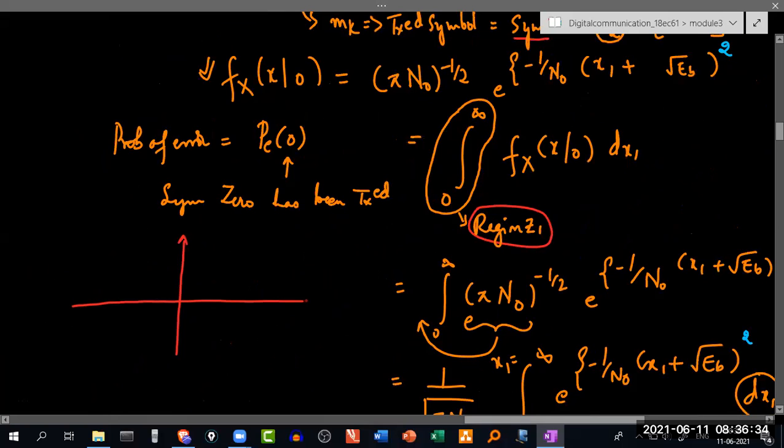In our constellation diagram, we had only one basis function, phi 1, where signal S1, representing bit 1 or symbol 1, was plotted at a distance equal to positive square root of EB from the reference, that is the 0 value. And we call this entire region region Z1.